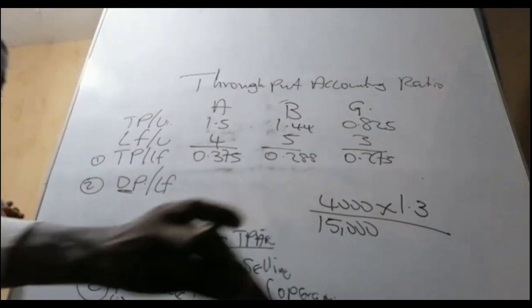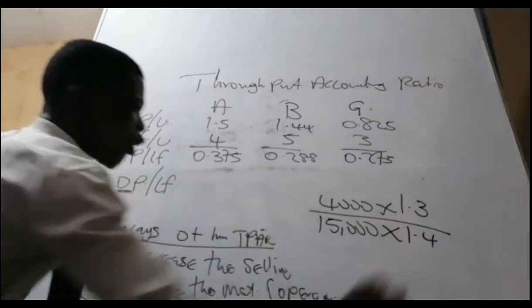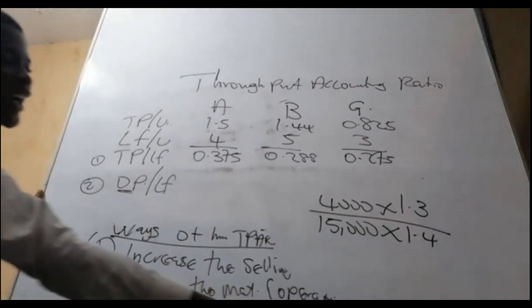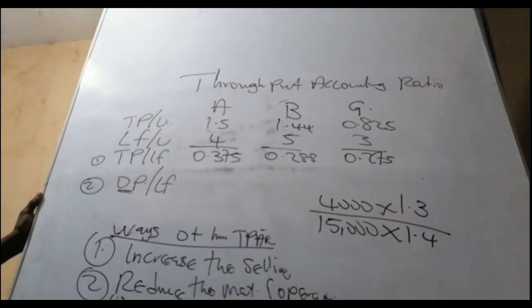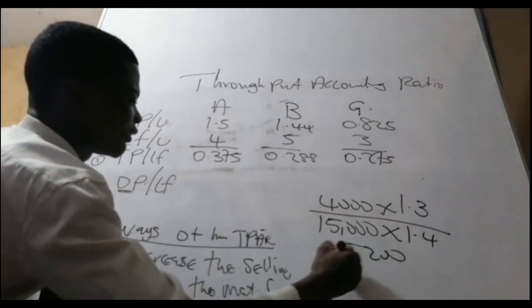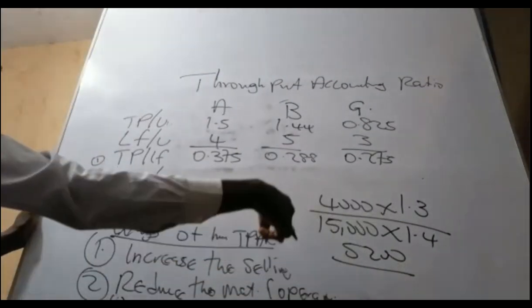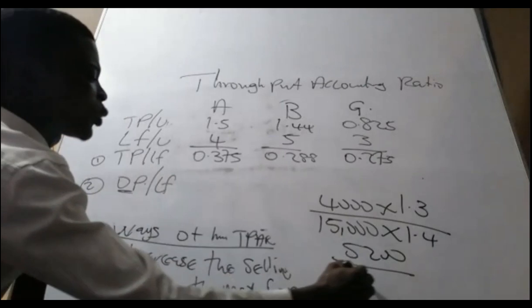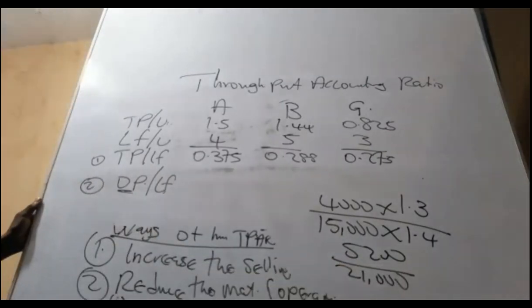So times 1.4, it's the same as finding 40% and adding it back. So in all, it will be 5,200 divided by 21,000, because 40% of 15,000 gives us 6,000, plus 15,000, is 21,000. That's the new factory cost, or the operating cost per limiting factor.